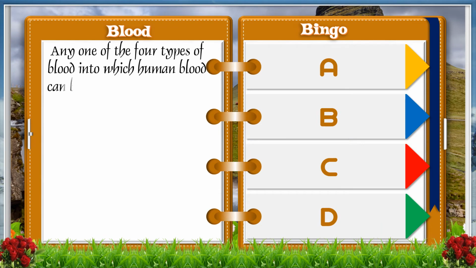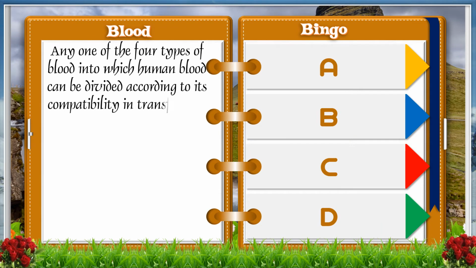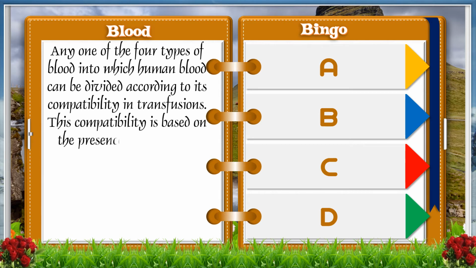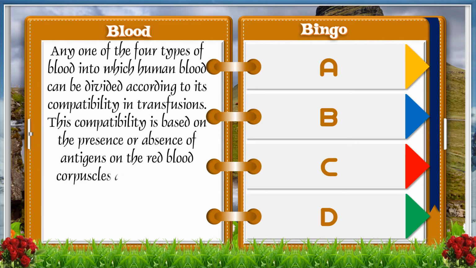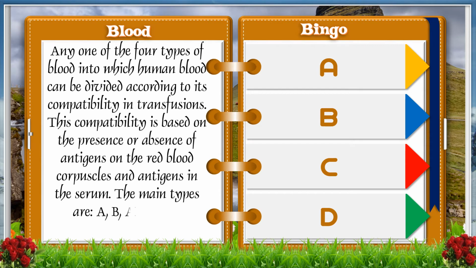Any one of the 4 types of blood into which human blood can be divided according to its compatibility in transfusions. This compatibility is based on the presence or absence of antigens on the red blood capsules and antibodies in the serum.